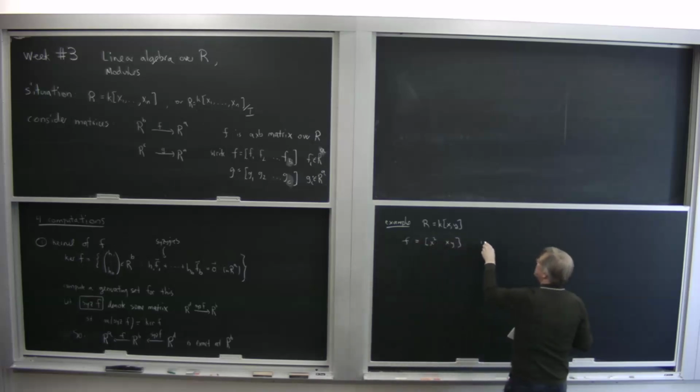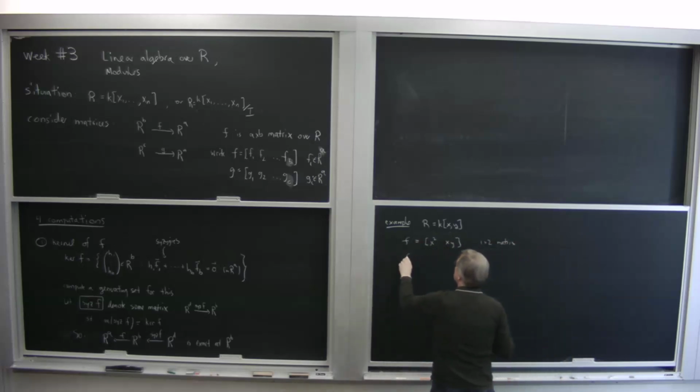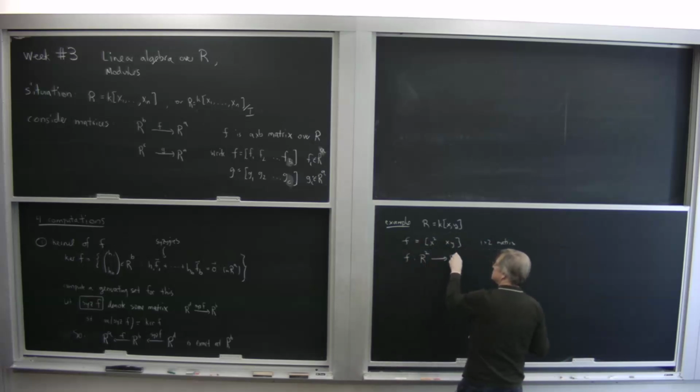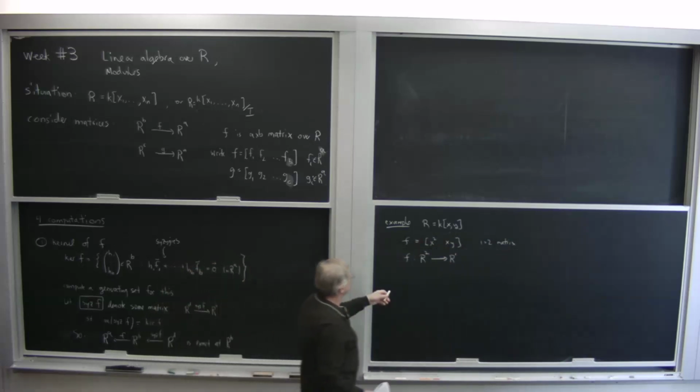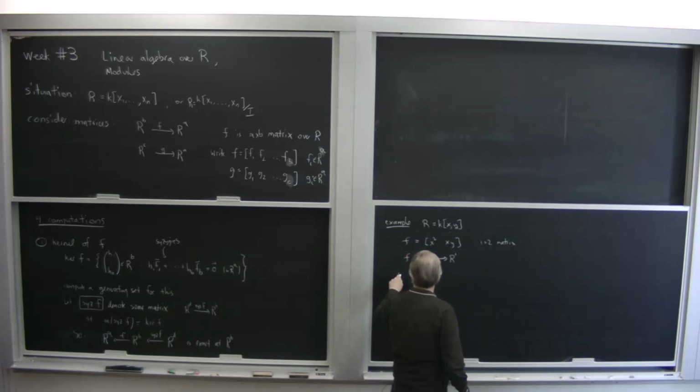So this is a 1 by 2 matrix. So I think of F as going from R squared to R, or R to the 1. Either way, I don't really care. Sometimes I'll put the 1 in, sometimes I won't. So we have this. So what is the kernel of this?